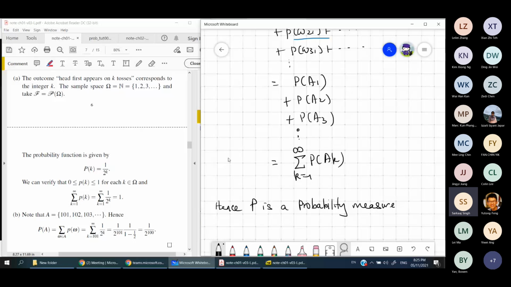Is the cumulative distribution function of a normal distribution a probability measure? The cumulative distribution function, yeah. Or okay, is a normal distribution a probability measure?